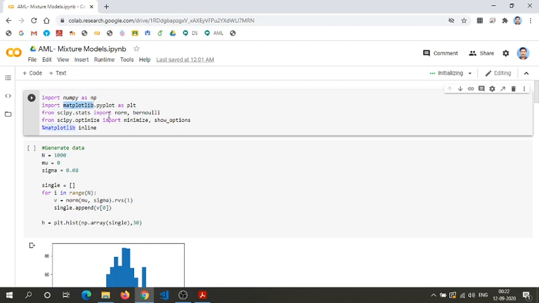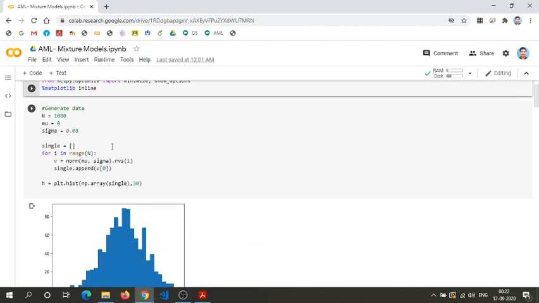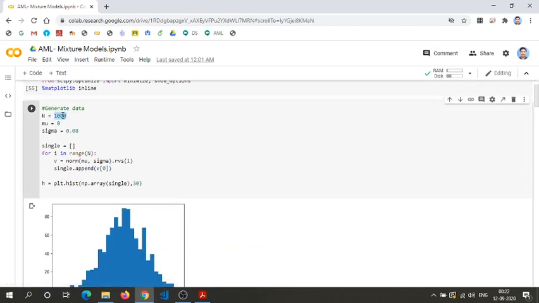Then we use the normal distribution from scipy.stats norm. Here we are going to generate 1000 samples from a normal distribution of parameters mu and sigma. Mu is equal to 0 and sigma is equal to 0.08.